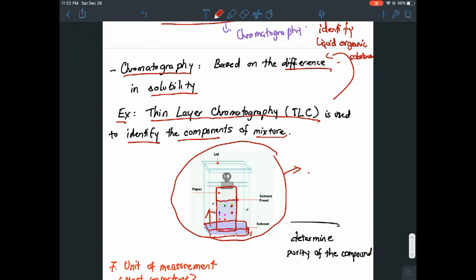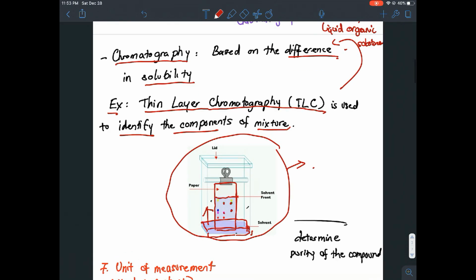Each point that exists on the paper could indicate the identity of the compound, and it shows each separate substance. Hence, we calculate the Rf value from it to determine the purity of the compound.